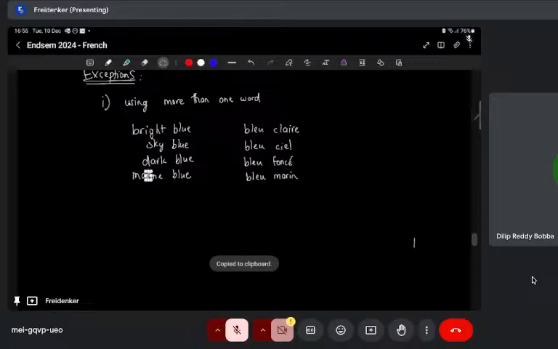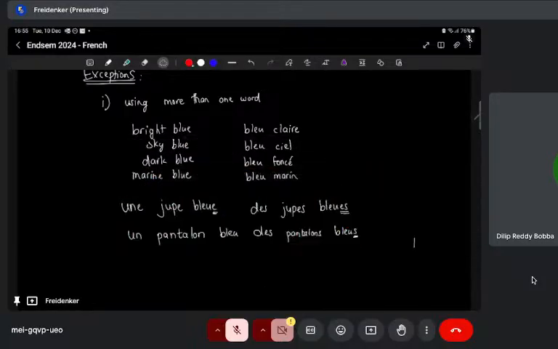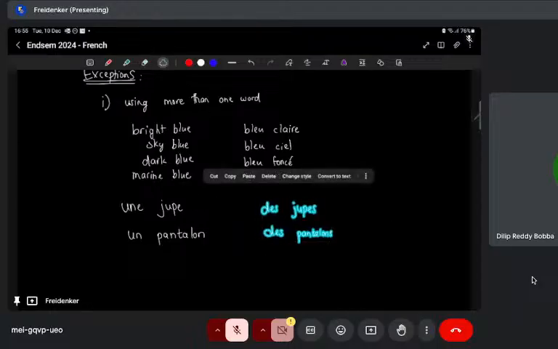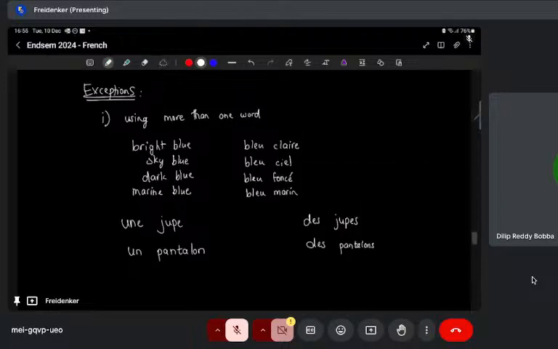I'm doing the same thing, but now instead of blue, I'm using sky blue. So what will change? If I have to change, I have to change all of this, no? This is the magic. If you're using more than one word, here you're using more than one word, right?